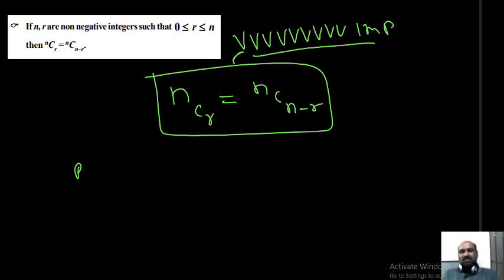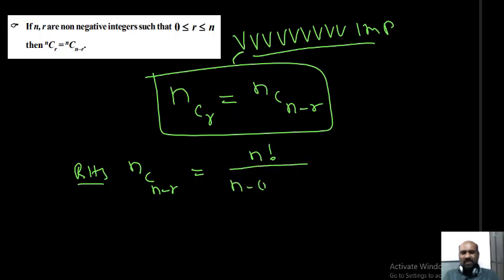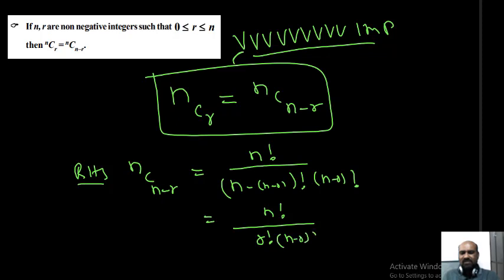So take RHS. What is that? nC(n minus r). According to the formula, I can write n factorial by (n minus r) factorial into r factorial. So that is n factorial by, open it, n gets cancelled, r factorial into (n minus r) factorial.